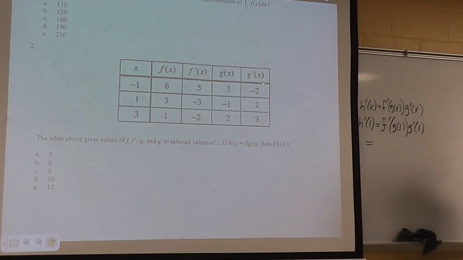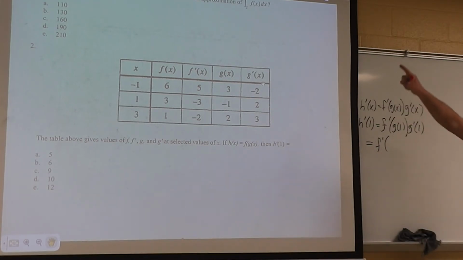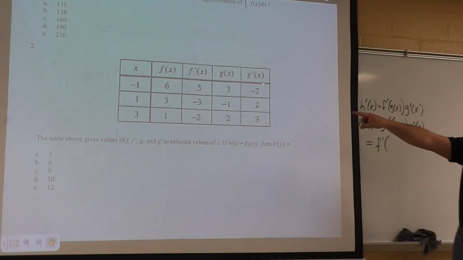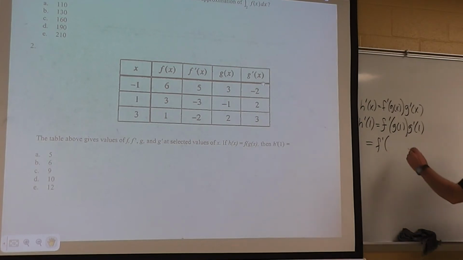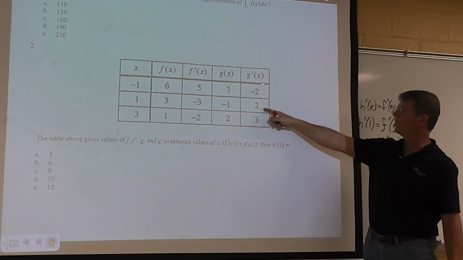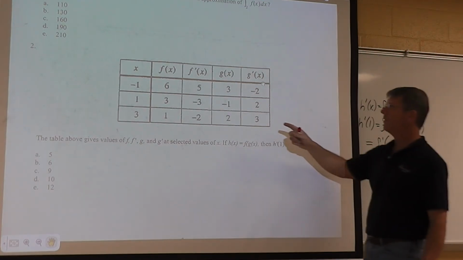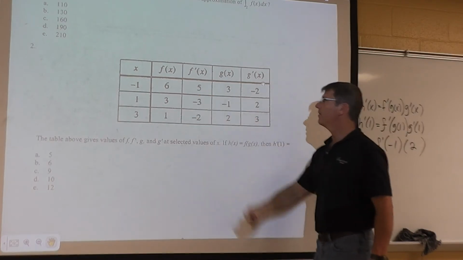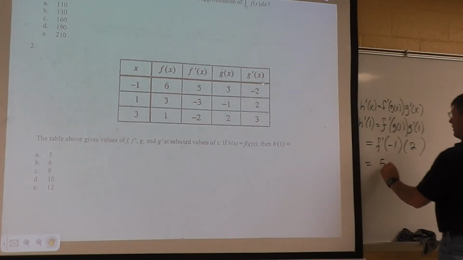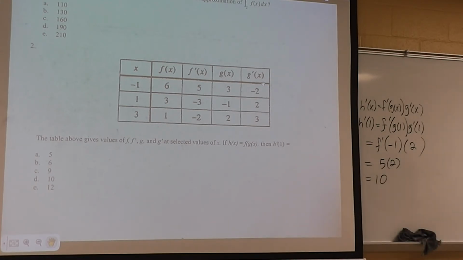And from our table, let's see. G of 1 is given to us as -1. And g prime of 1 is given as 2. F prime of that -1 is going to be 5. And that 5 times that 2 gives me a final answer of 10. I vote D.